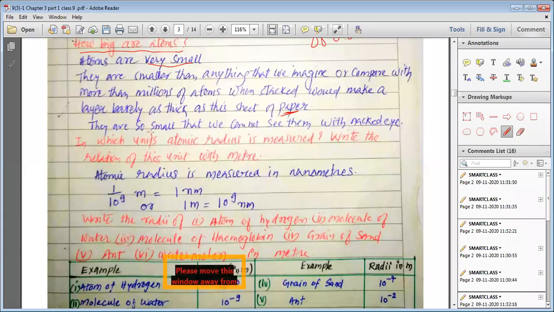They are so small, atoms इतने छोटे होते हैं that we cannot see with the naked eyes. एटम इतने छोटे होते हैं बच्चों कि हम अपनी खुली आंखों से उनको देख ही नहीं पाते. We cannot see with the naked eyes.